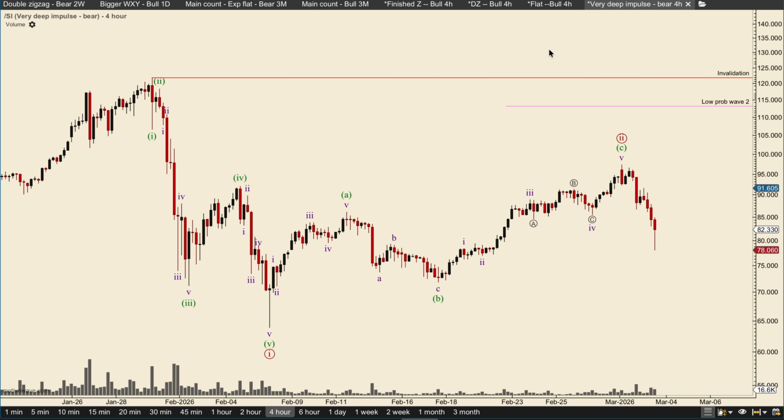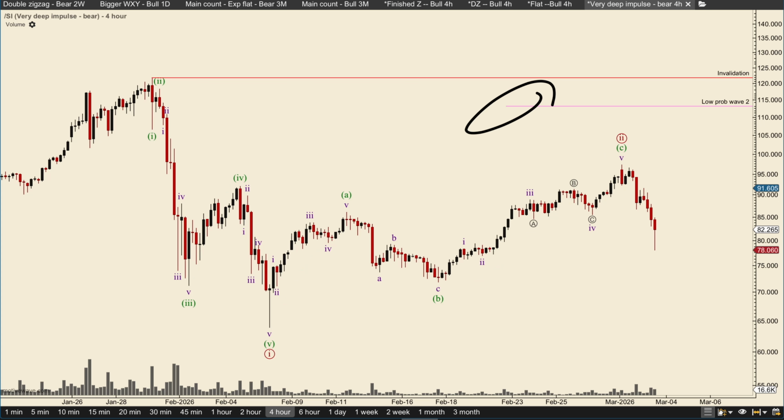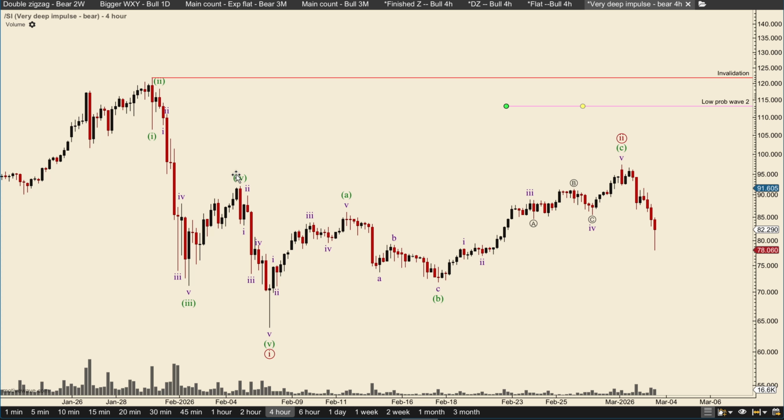And the only bearish scenario, so 1 2 3 4 5 1 ABC 2 here, you don't want to take out this low probability wave 2 here if you are a bear at 113.155. And also, as I mentioned in my previous video, you can see the time here between 1 and 2 and 3 and 4. Time is very important in Elliott Waves, the proportions.